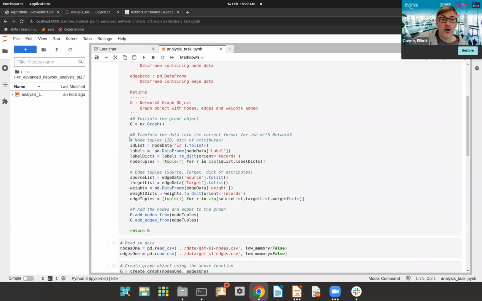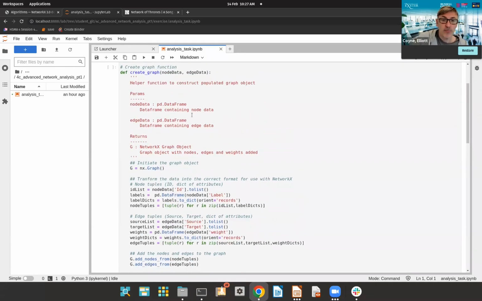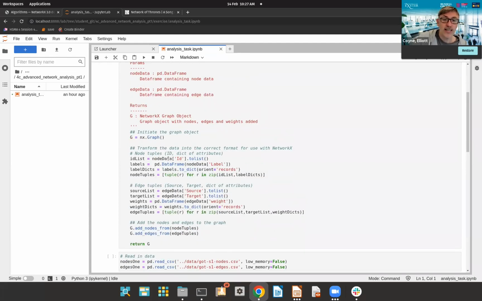You then get your ID list by pulling in the node data frame and just getting the ID column, so the list of IDs. These are just unique identifiers, indexes, and you're going to pass that to a list. You're then going to get the labels from that, so you'll pull out the node data label, put that into a data frame, and then turn that into a dictionary, as we saw last time.